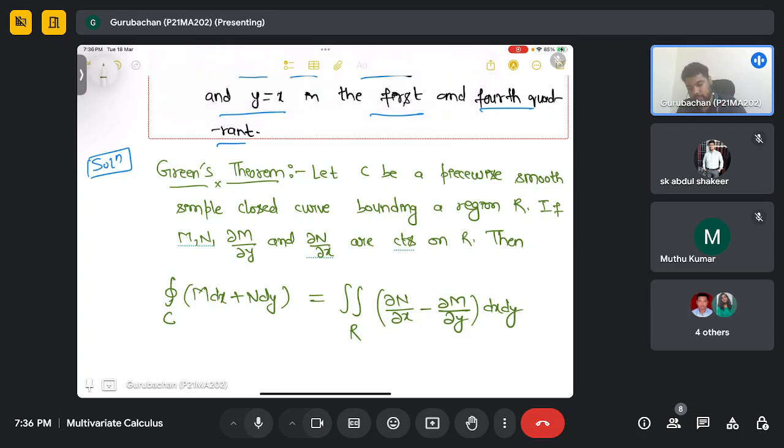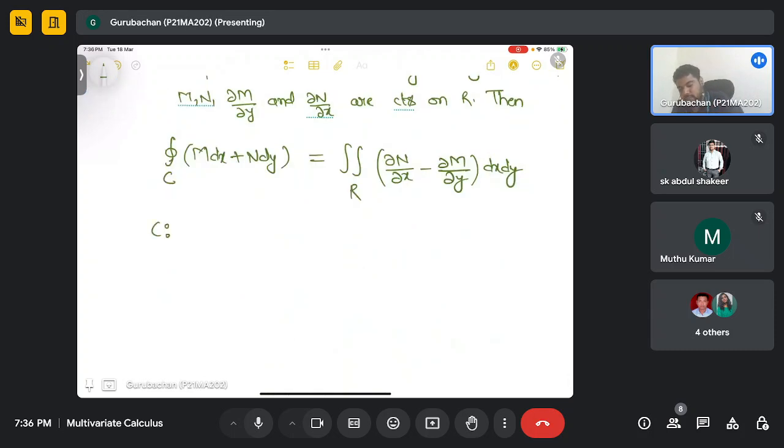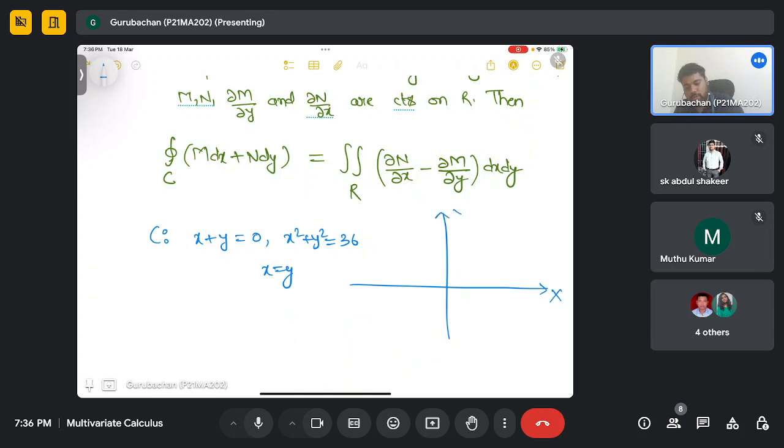So in the given problem, first of all, let us draw what our C and our region R are. C is bounded by x square plus y square equal to 36 and y equal to x. The circle x square plus y square equals 36 is centered at the origin with radius 6, and this is y equal to x, and this is y equal to minus x.